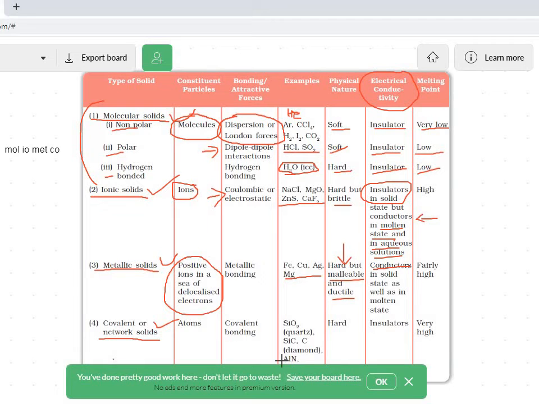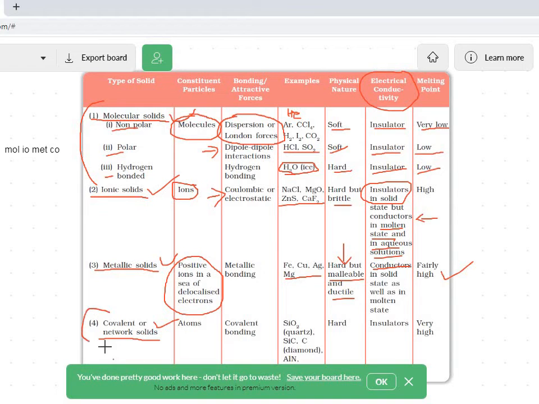You have already studied this in standard 10, in the chapter which we call metals. And they have fairly high melting point. Why is it written fairly high? The reason is when we compare these metallic solids to ionic solids and molecular solids, we can say the melting point is fairly high.